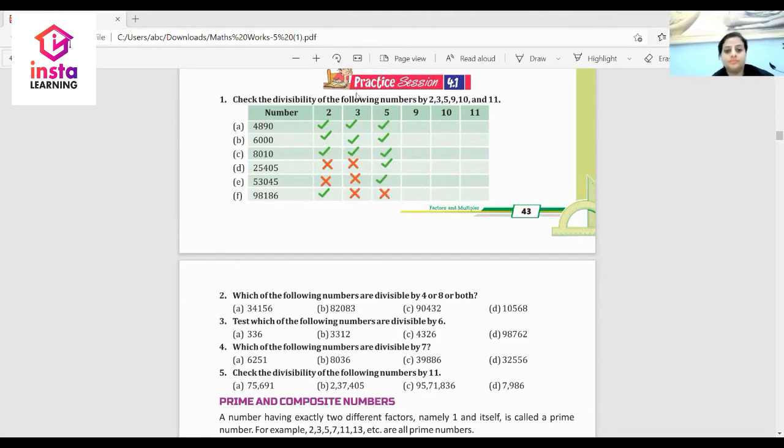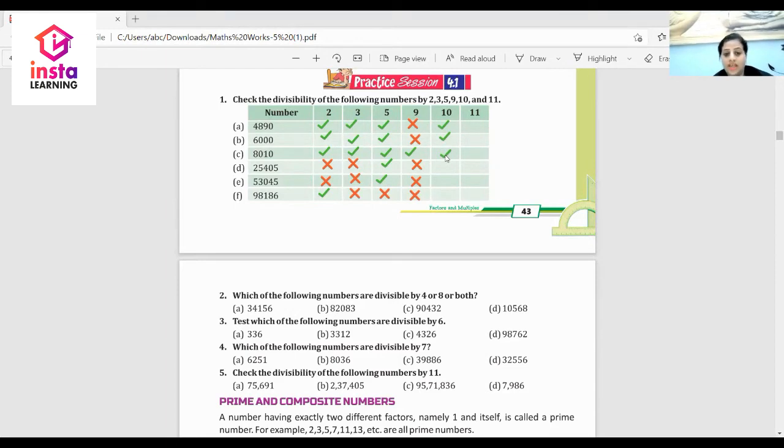Now, about 9. Here it is not divisible. Here it is not divisible. Here it is not divisible. Here it is not divisible. But here it can be divisible properly without any remainder. Now what about 10? When 0 is there, it is divisible. 0 is there, divisible.